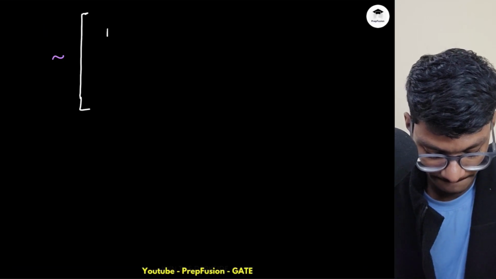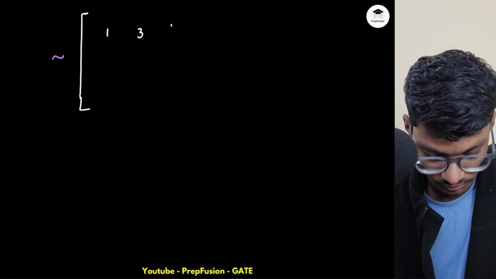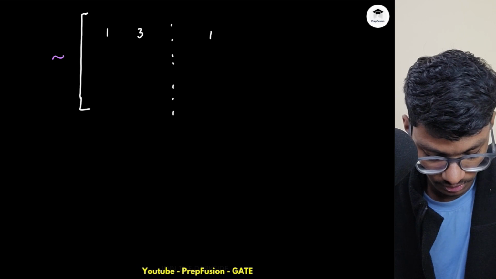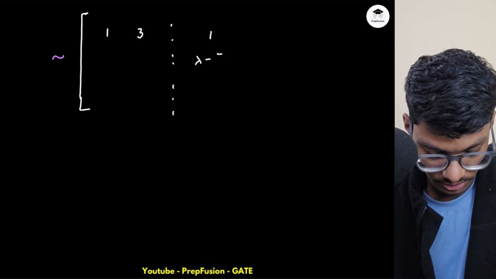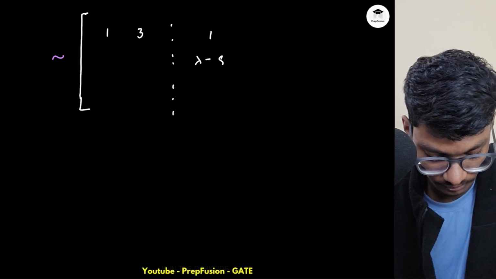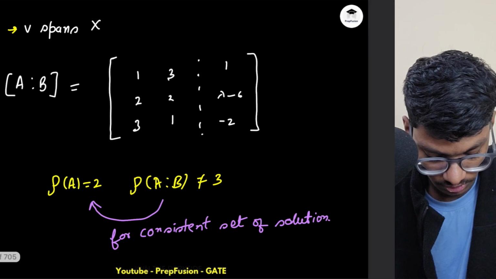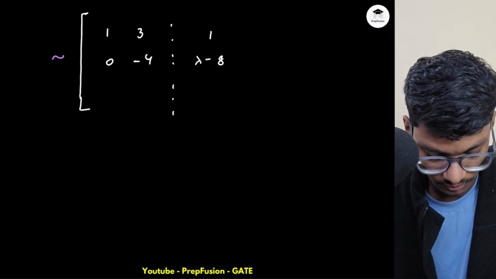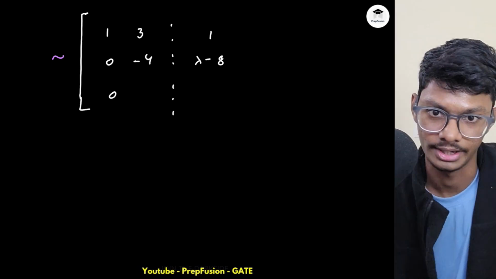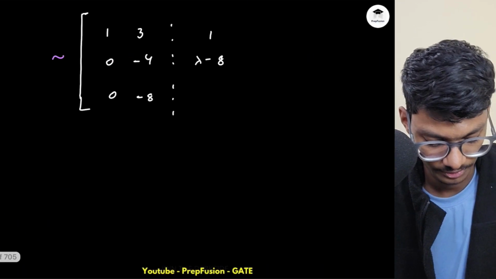This will be 1 3, this will be 1, this will be lambda minus 2, since I'm subtracting 2, so this will be 8, then 0, this is minus 4, this is 0. I'm subtracting 3, so 9, and this will be minus 8 minus 3, which is minus 5.